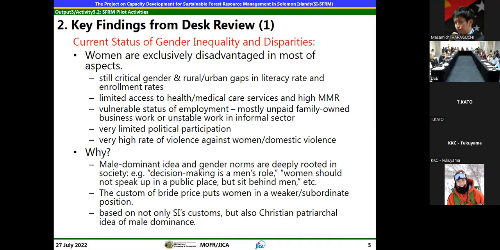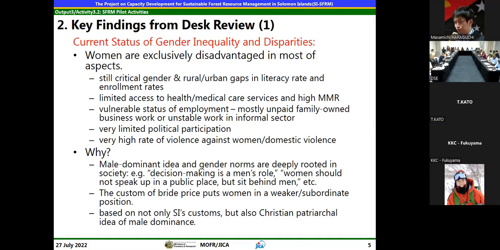The Ministry of Education has been doing well so far on enrollment rates for primary and high school, but there are still some gaps. There is also limited access to health and medical services.